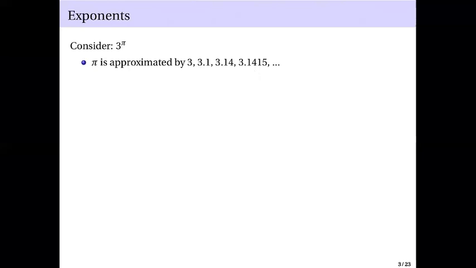If we write pi, pi is approximately equal to 3.14159265926, etc. So this has more decimal places compared to this. But you can have infinitely many decimal places for pi.